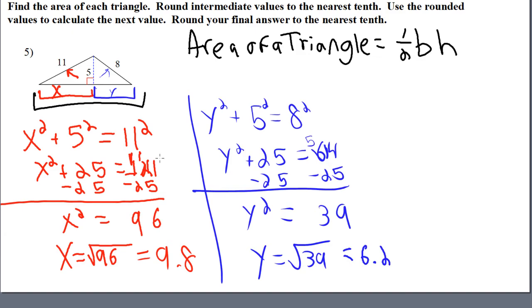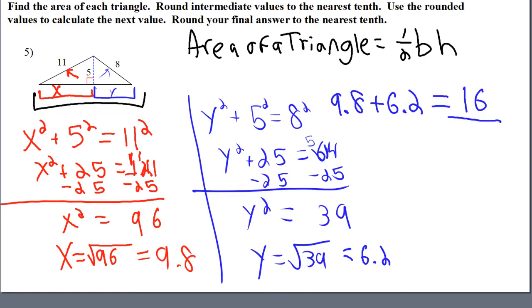X plus y is going to be the same thing as 9.8 plus 6.2, which is equal to, well, 9 plus 6 is 15, and 0.8 plus 0.2 is 1. So 1 plus 15 is 16. So this is the length of our base.